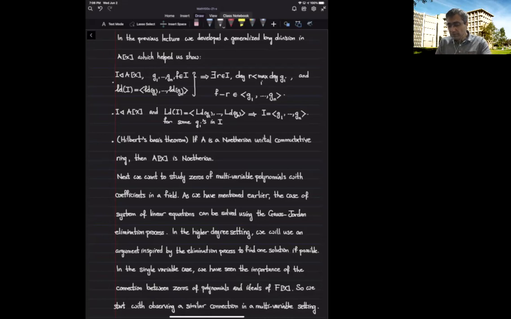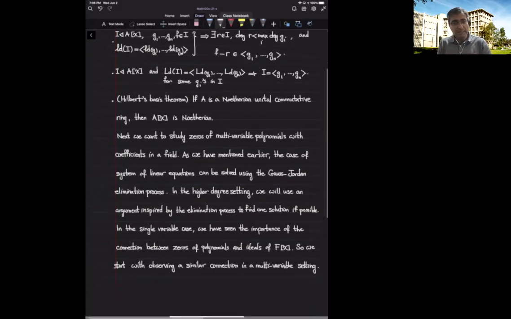Now, next, what we want to do is to study zeros of multivariable polynomials with coefficients in an algebraically closed field. Our general principle is similar to the Gauss-Jordan elimination process. What do I mean by that? I mean that it's going to be a kind of inductive process.